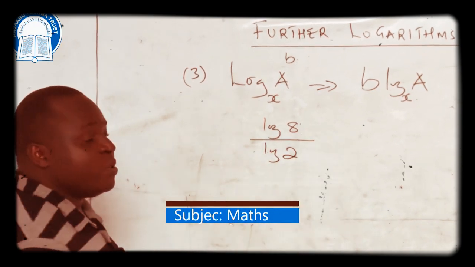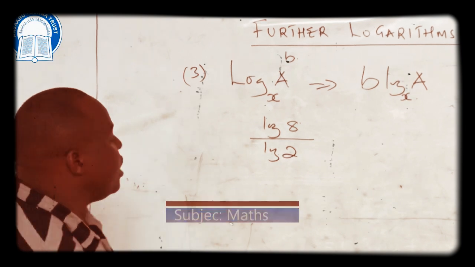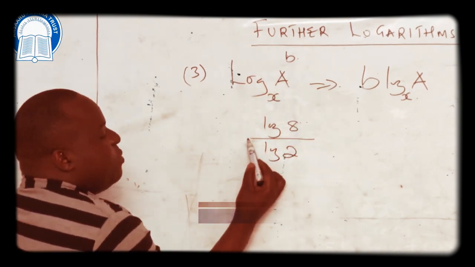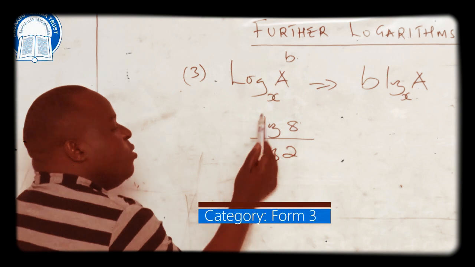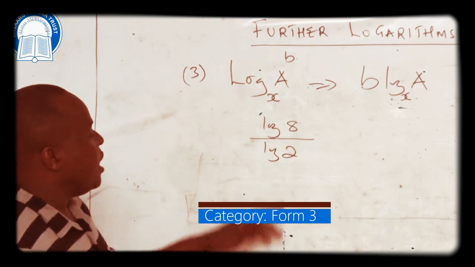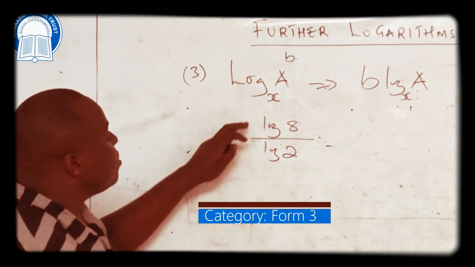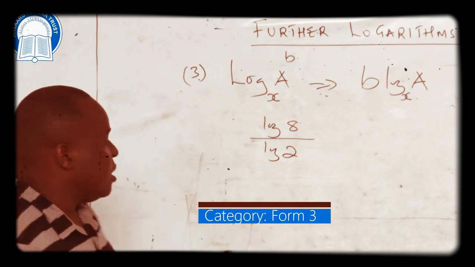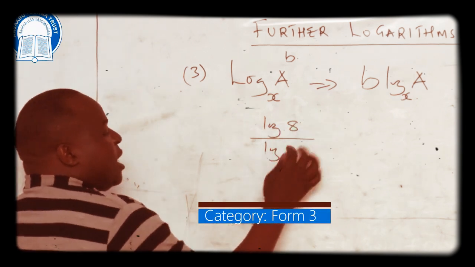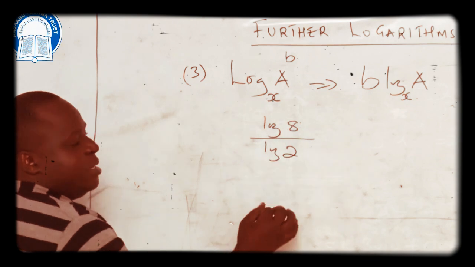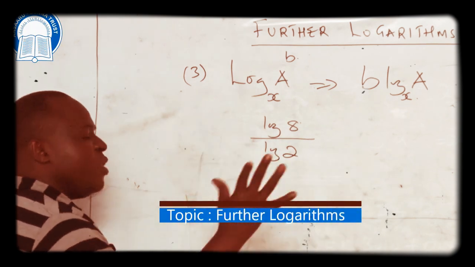I'm using 8 because I just explained it some few minutes ago. Okay, in logs, anytime you have over, that is numerator and the denominator, and you're supposed to simplify, then this question is set in such a way that either the numerator can be written in terms of the denominator in one way or another.